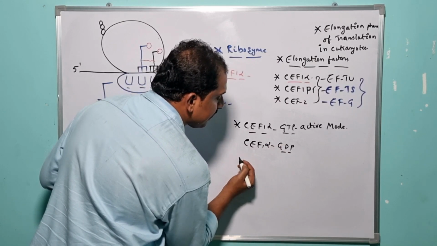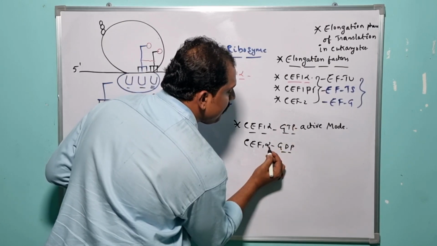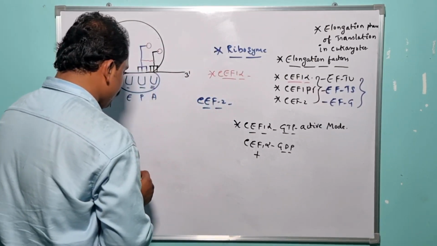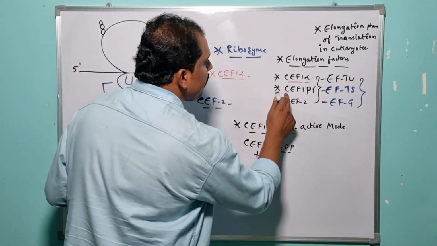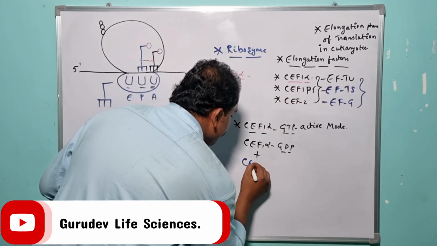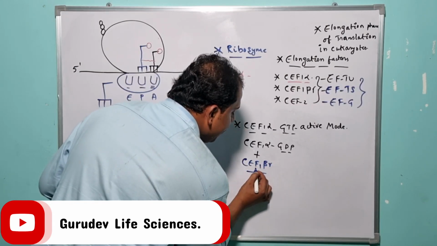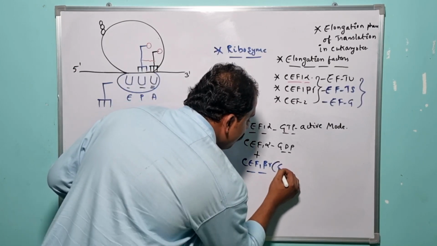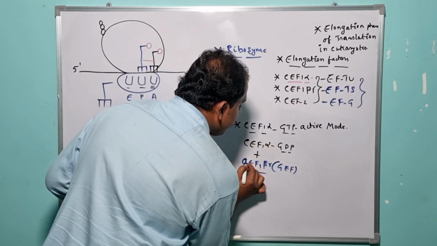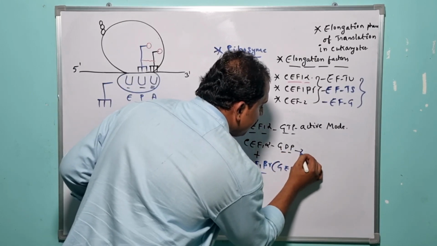So under such condition, to regain the active conformation, or to regain the GTP moiety, eukaryotic elongation factor 1 alpha gets associated with one more elongation factor, and it is nothing but what? Eukaryotic elongation factor 1 beta gamma, right? So let me write it here. By taking advantage of eukaryotic elongation factor 1 beta gamma, which is a guanine nucleotide exchange factor, eukaryotic elongation factor 1 alpha, which is in association with GDP, undergoes successful displacement with what?